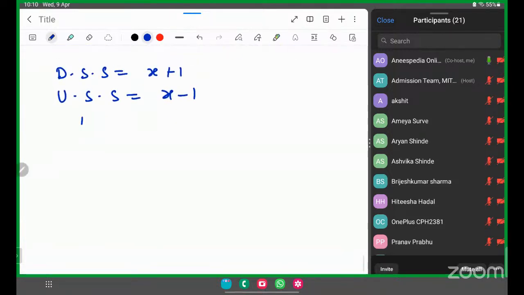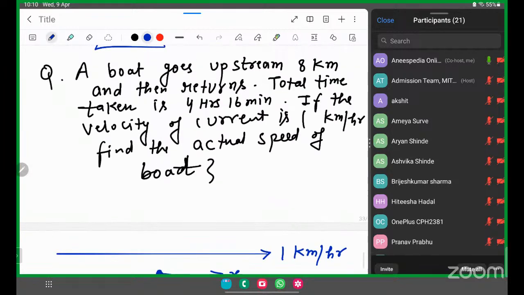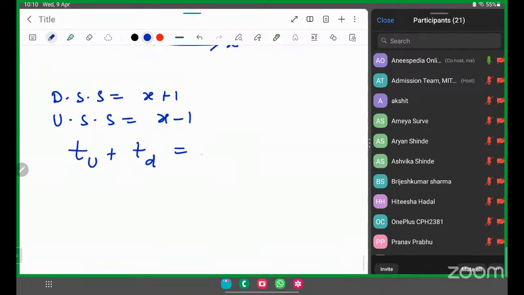So total time taken will be time taken in upstream plus time taken in downstream, and that is equal to the overall time, 4 hours 16 minutes. So this will be 4 hours plus 16 by 60 hours. What will be time taken in upstream?